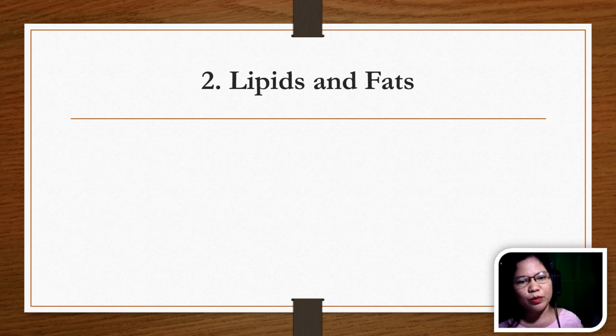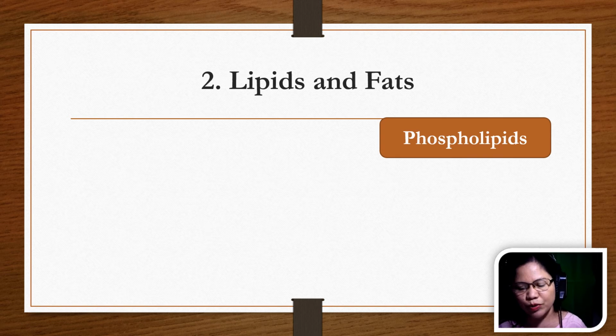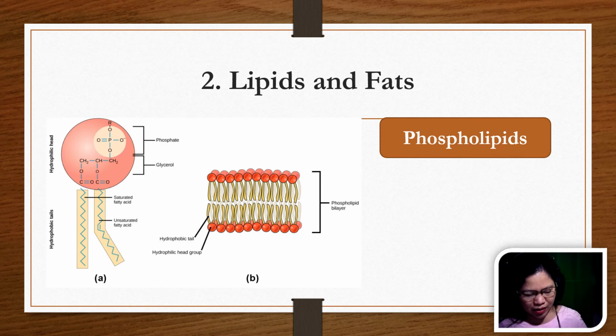The second type of lipids or fats is the phospholipids. So where can we find phospholipids? Usually they are the main components of the cell membrane. It contains 2 fatty acids, a phosphate group, and a glycerol molecule, as shown in picture A. So you have there the hydrophobic tail and the hydrophilic head.